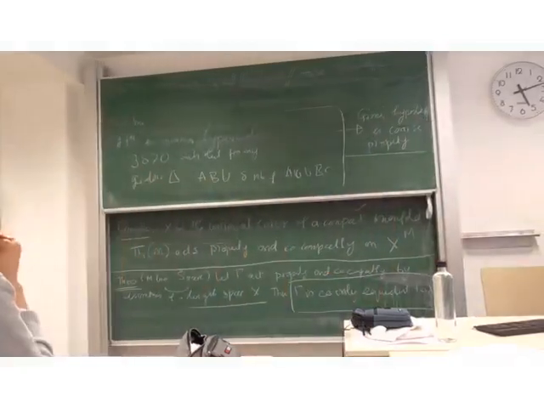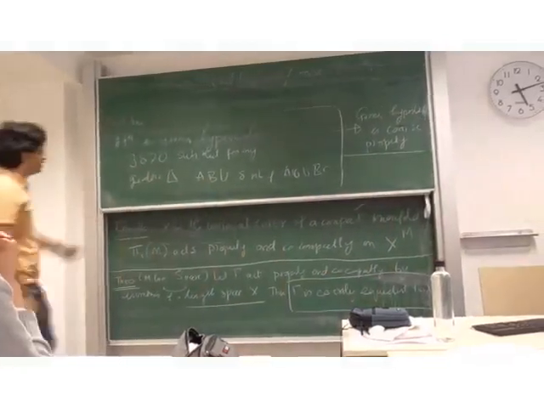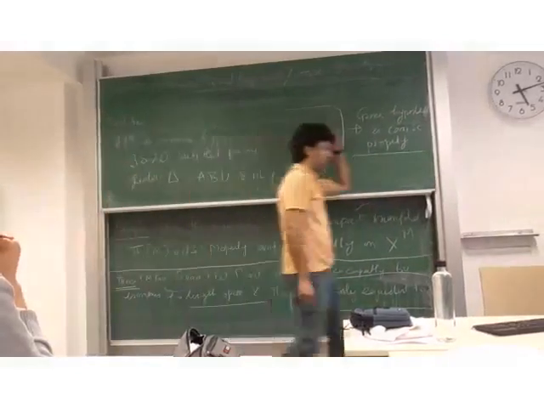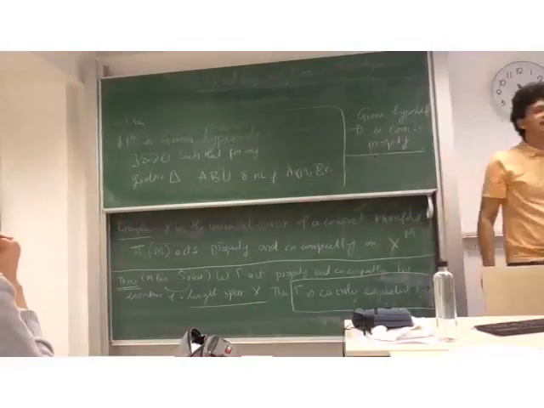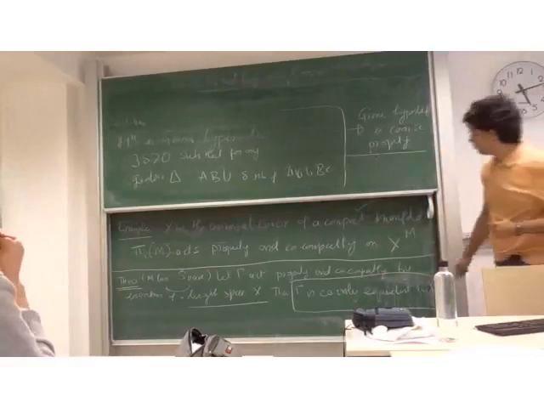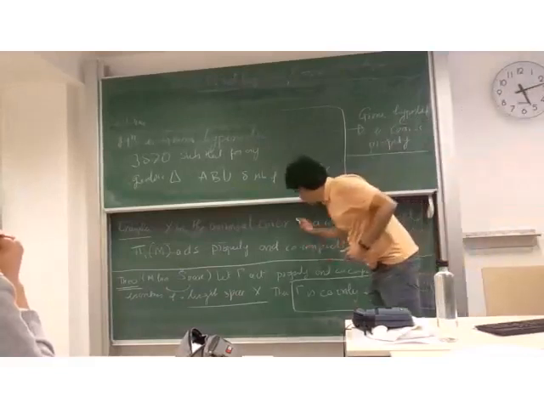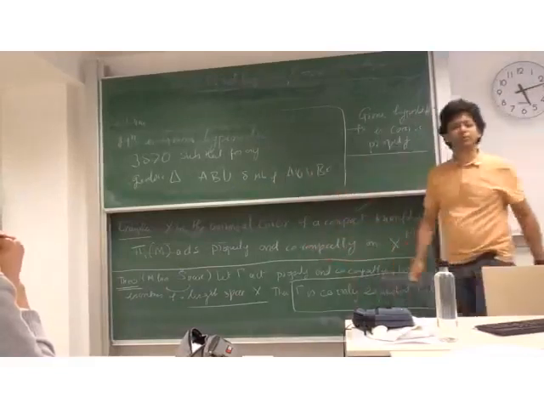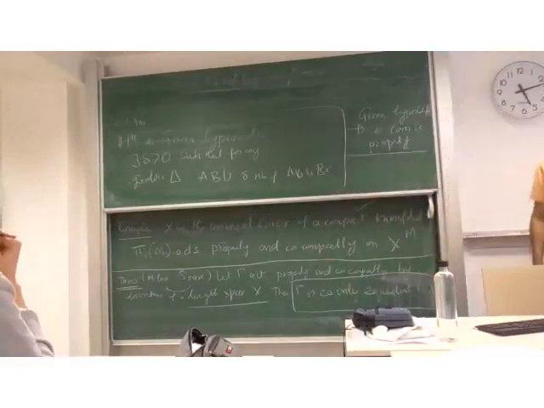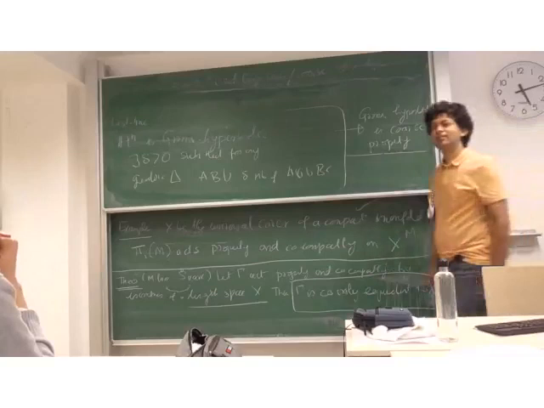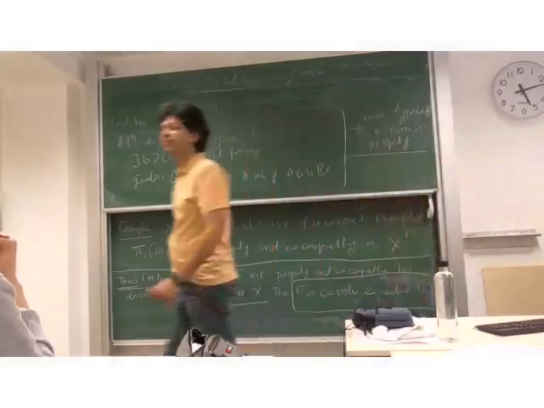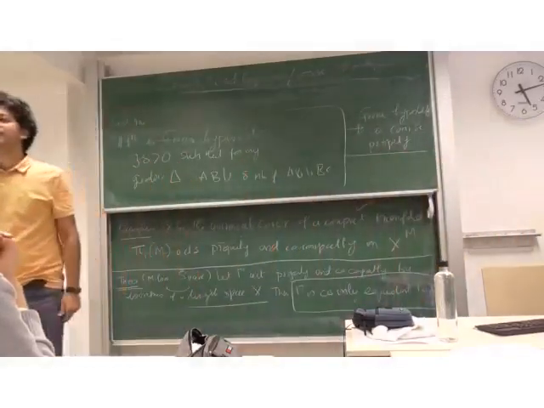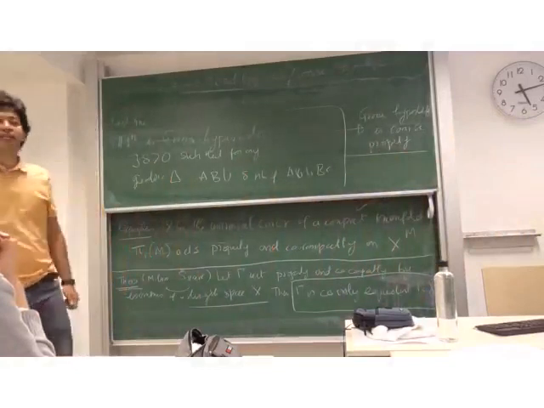Can you tell me a few examples of groups that act on the hyperbolic space, just from the fundamental group examples? The fundamental group of negative Euler characteristic smooth surfaces. Exactly.